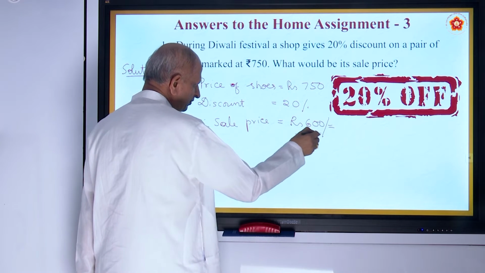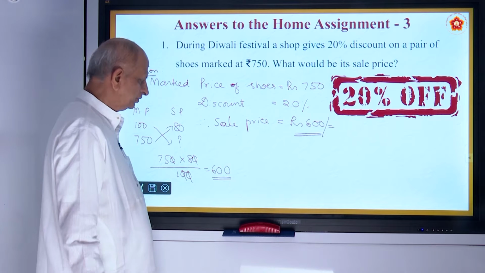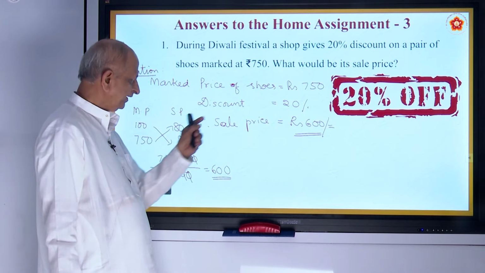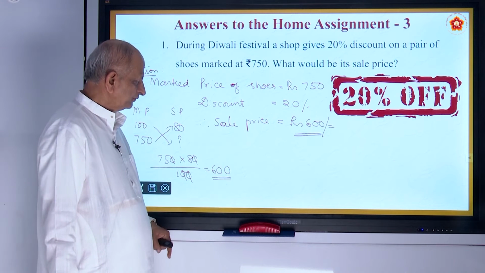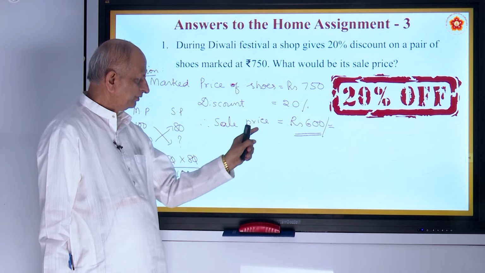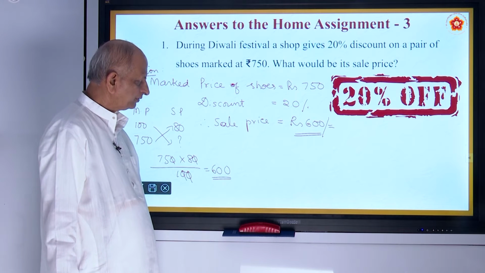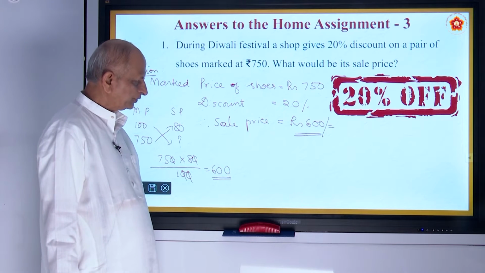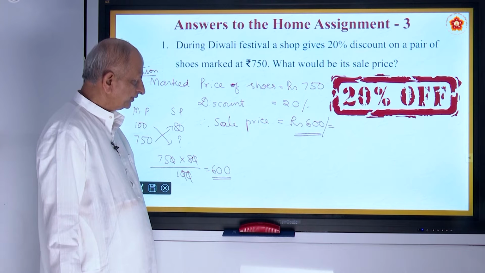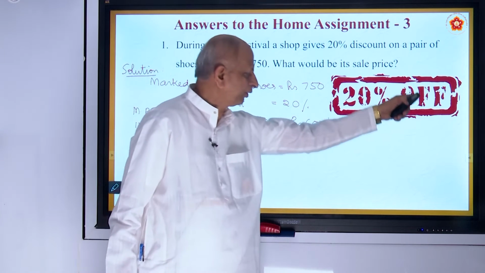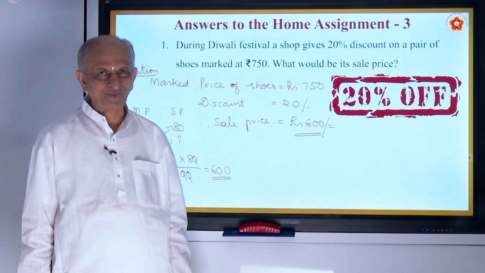Why has it come down? Because of discount. For 100 rupees, 20% discount. And for 750 rupees, 150 rupees discount. And therefore sale price is 600. This is how they put the board, 20% off.